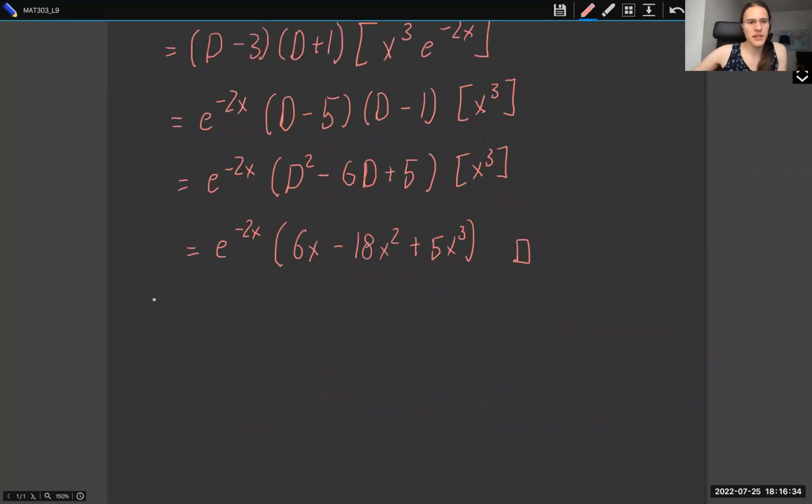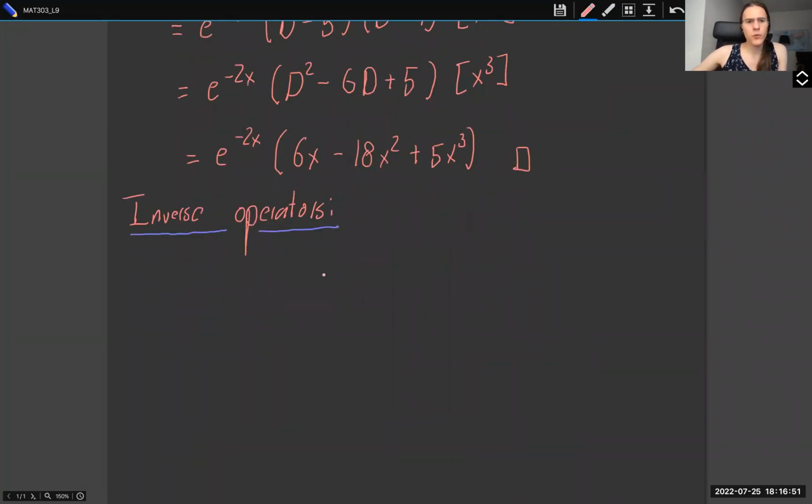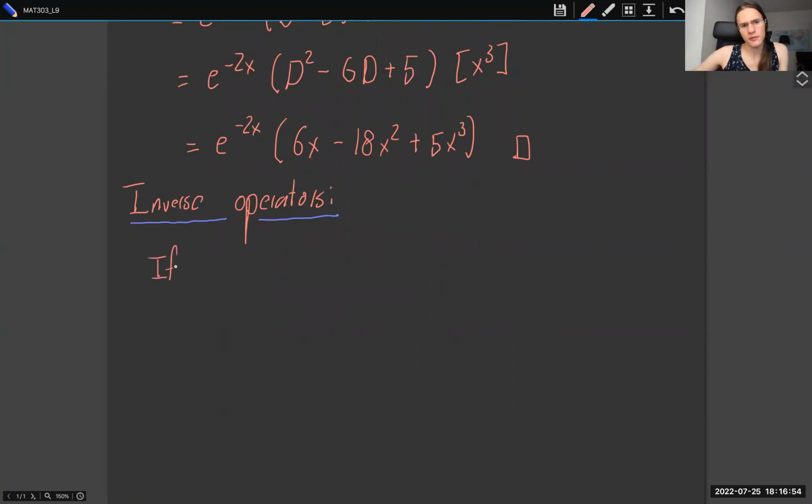Okay, now we're going to do something pretty wild. We're going to talk about inverse operators. So if we want to solve the equation P of D applied to y is equal to some function f of x, this would be a constant coefficient linear equation, an inhomogeneous constant coefficient linear equation.